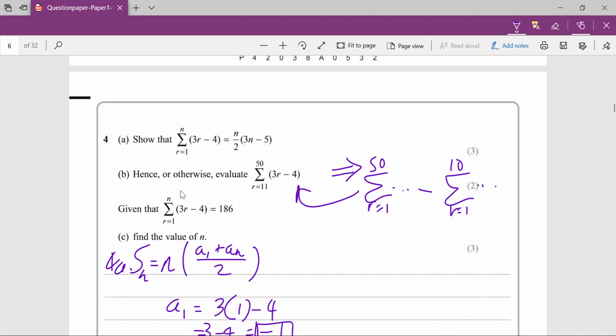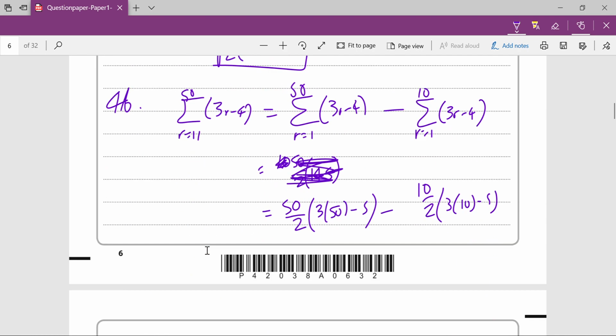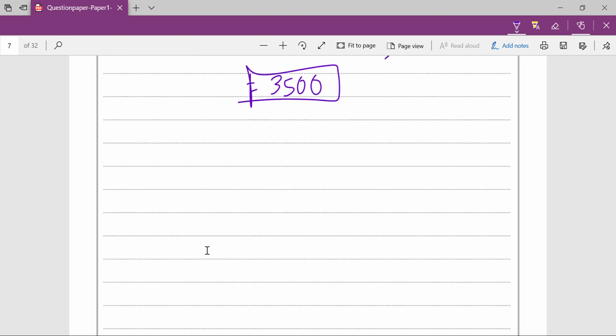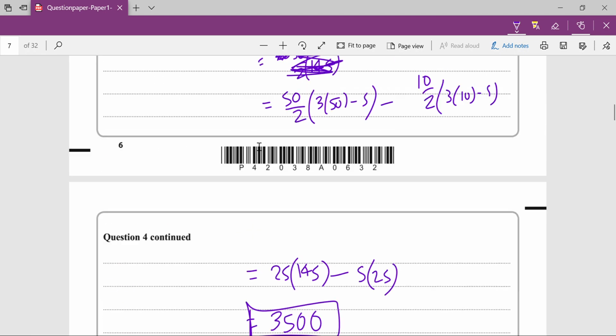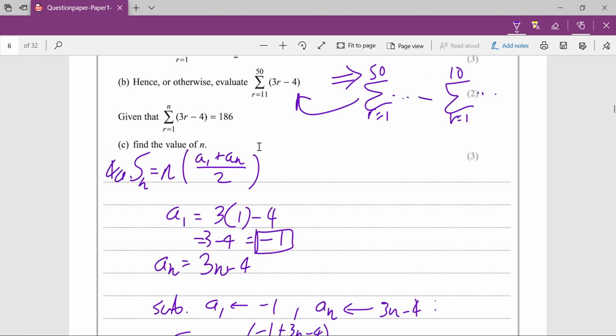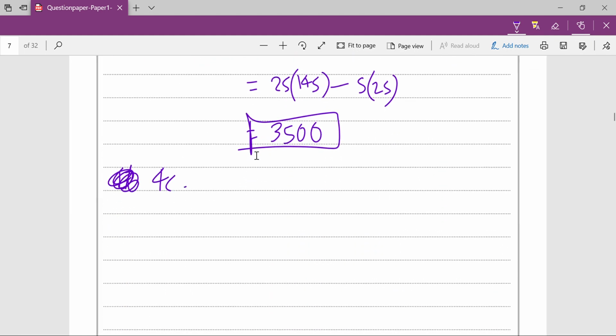Okay, thirdly, given that the sum from 1 to n of this is 186, find the value of n. So this seems like your cookie cutter solve a quadratic equation question. So this is C. We know that the sum to n is 186.